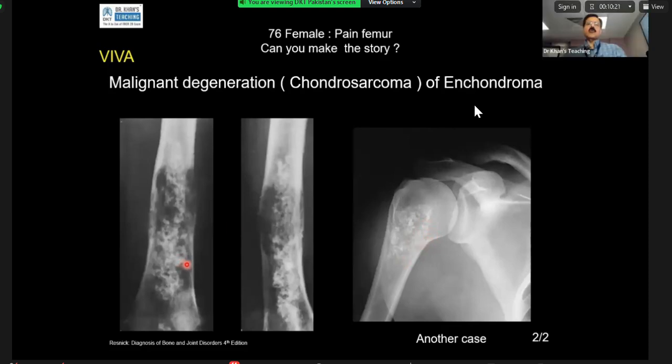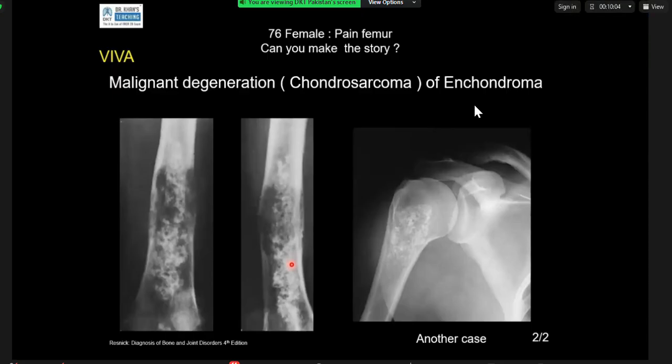This is a case of malignant transformation of an enchondroma. This is an exam case. We will cover it separately, but why I am showing you, they can show you a malignant transformation of a bone infarct. Please remember, bone infarcts can malignantly degenerate.